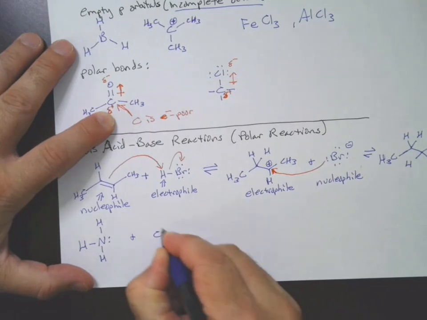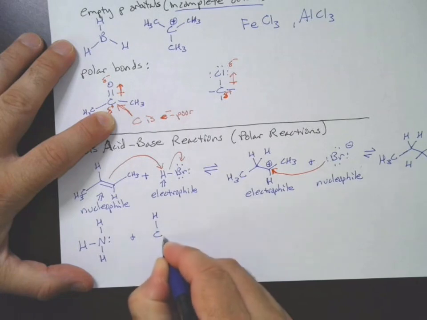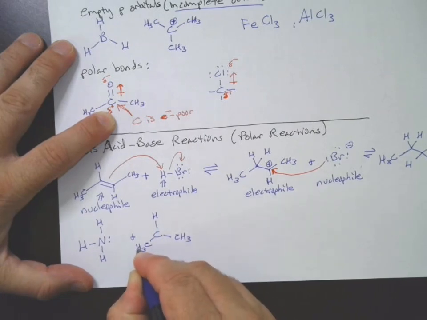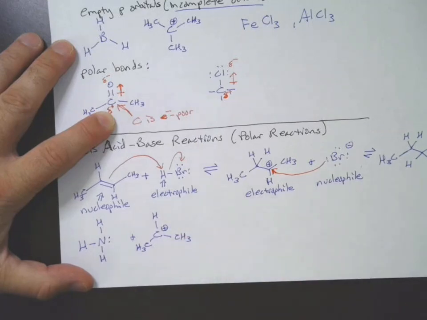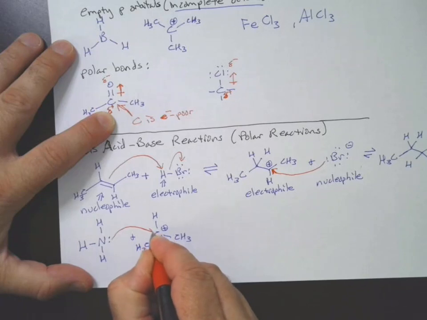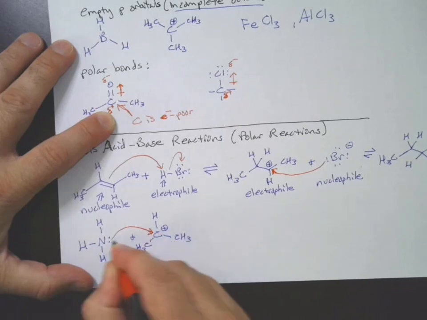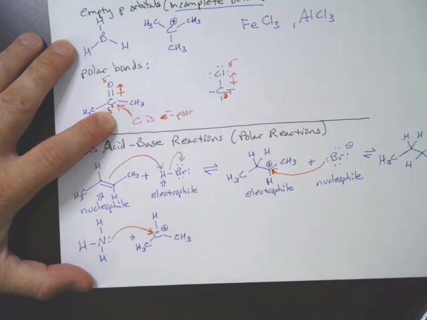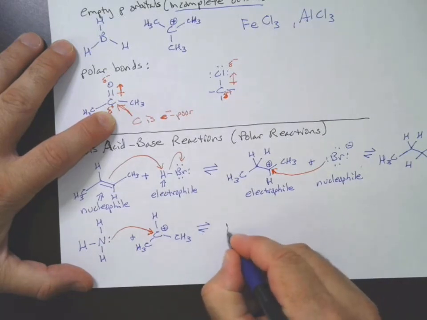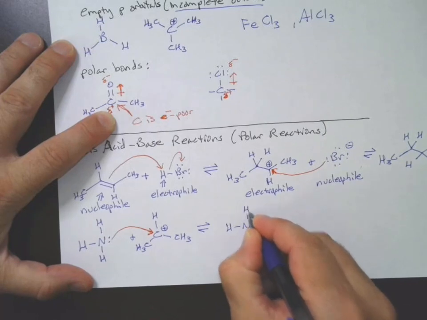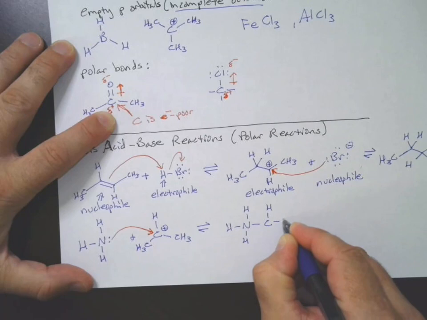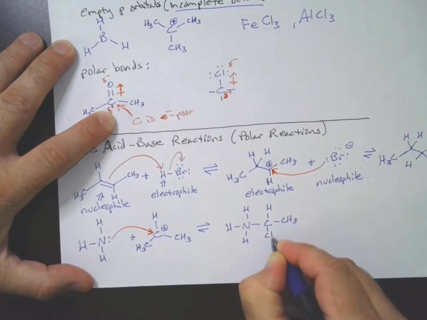So we'll do CH3, CH3, positive charge. So now my lone pair, there's just the one lone pair, can attack that carbon, and I'll end up getting H N H H, new bond to C, H, CH3, CH3.